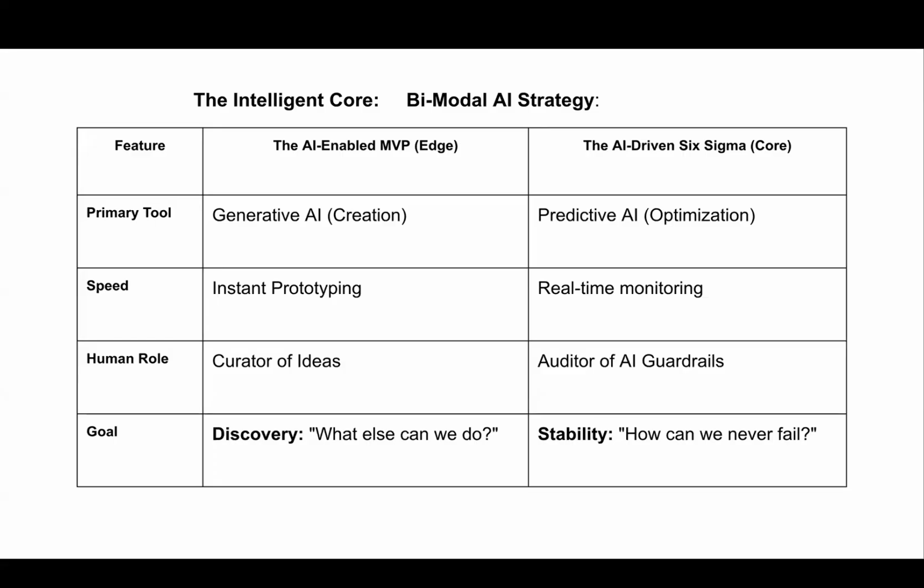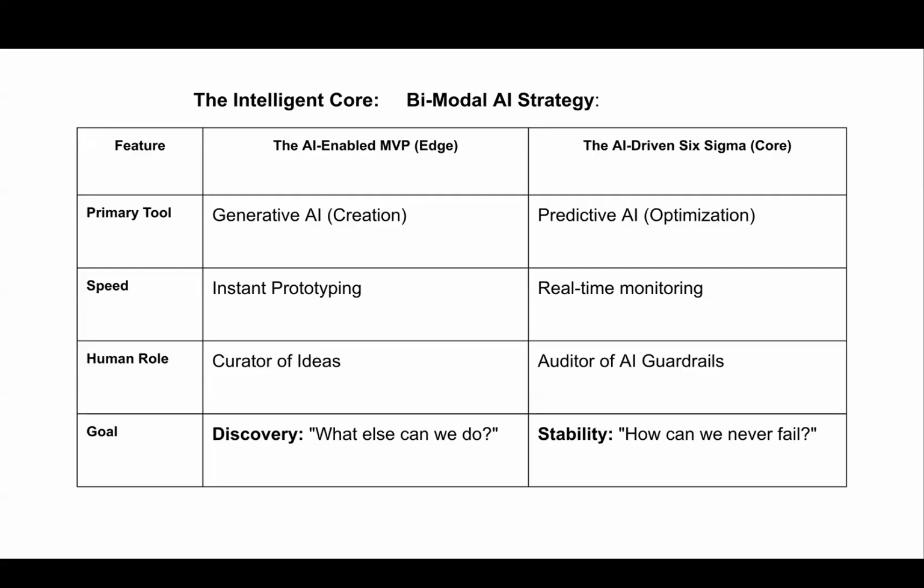Now, it doesn't mean that we could never do this as humans, but we're wasting all the time and the social capital to get there. So you become, as a human, a creator of ideas. And under AI, you're going to be the auditor of the AI guardrails. So with Six Sigma, you're auditing: are we getting this optimization we're looking for? Are those AI guardrails correct?